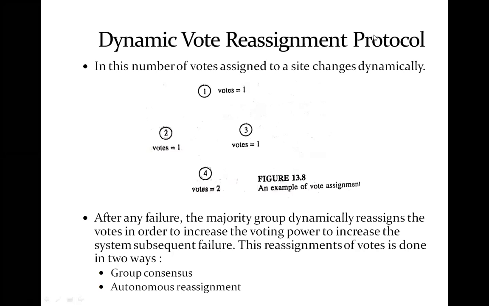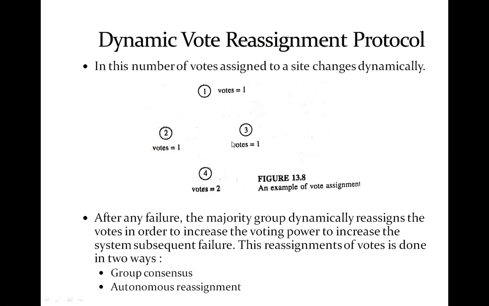I can illustrate an example of how the dynamic vote reassignment is done for the different participating sites, by considering that the read quorum and the write quorum are R = 3 and W = 3 for this particular system which is shown.